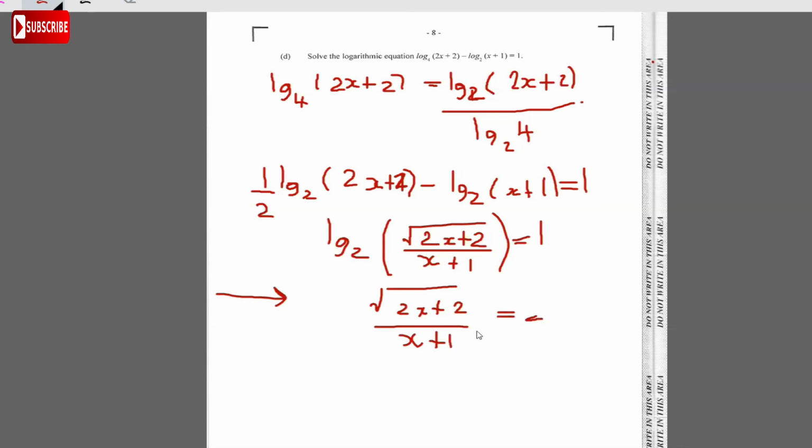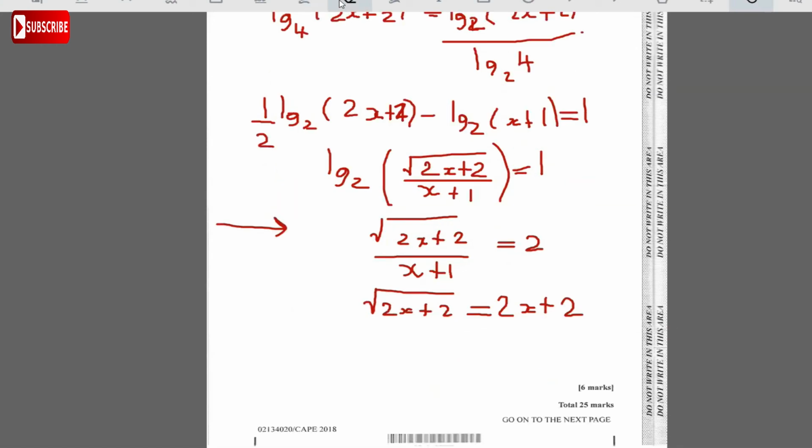So we cross multiply now. We get that the square root of 2x plus 2 is equal to 2 times x plus 1, which is 2x plus 2. So the square root of 2x plus 2 is equal to 2x plus 2.